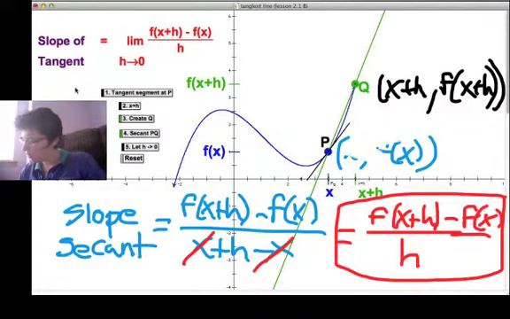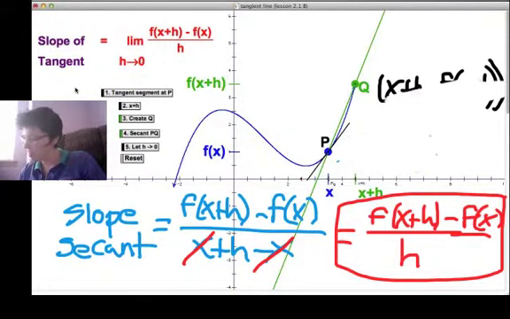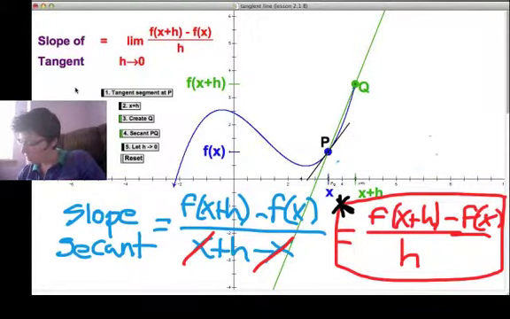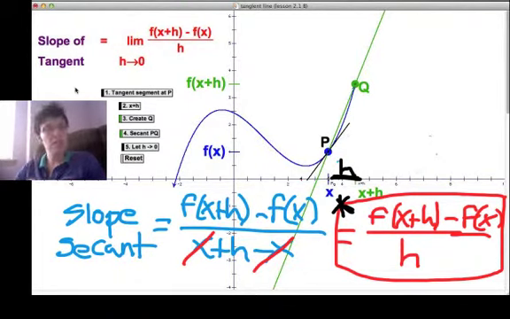There's a lot going on on the screen up here, so I'm going to erase a couple of these things. We just figured out that the slope of this green line is f of x plus h minus f of x all over h. Now, h is this distance right here. It's a random distance.